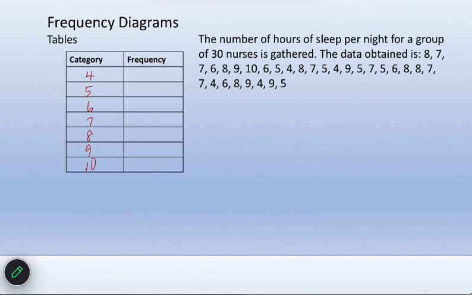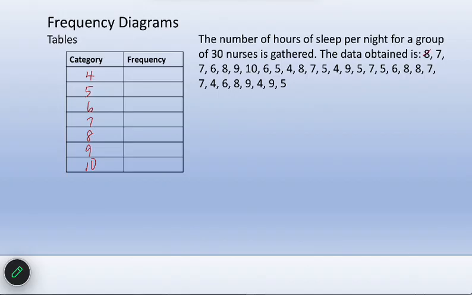Now, when I'm making this frequency table, frequency just is telling you how many times does that thing occur, okay? So I will just kind of make a tally mark. So let's make some tallies on the side, and then we can maybe erase them when we're all done, okay?